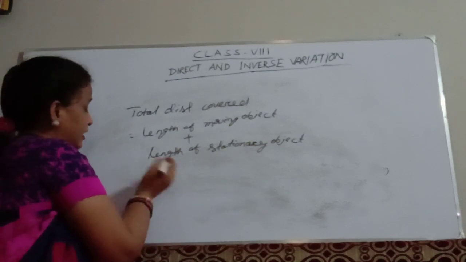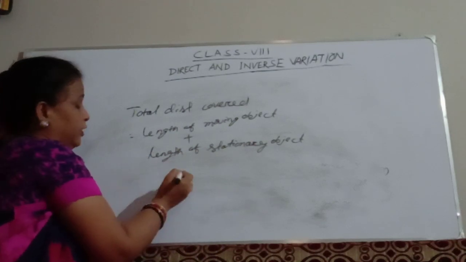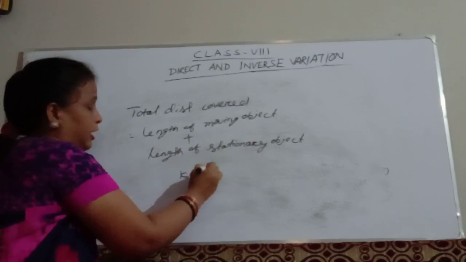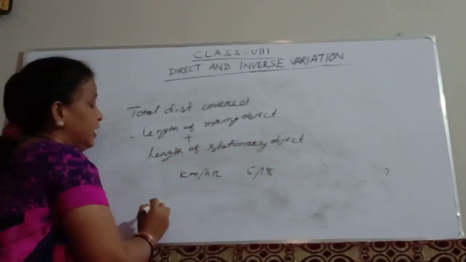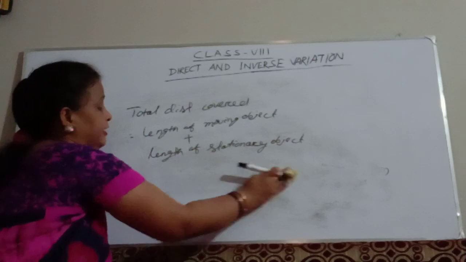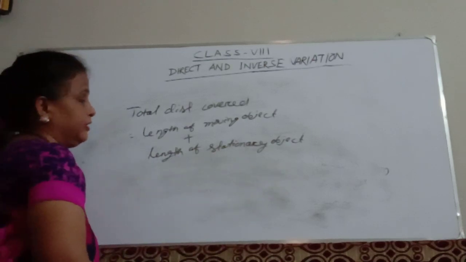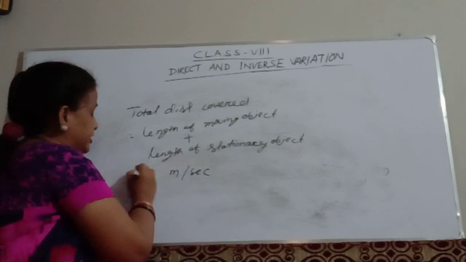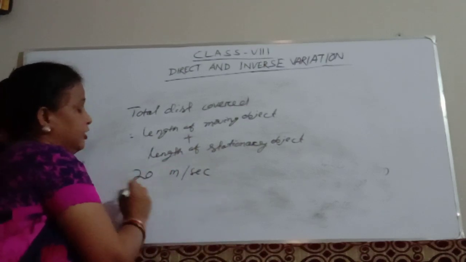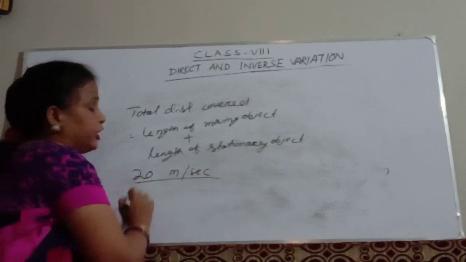And then one more thing, whenever you convert kilometer per hour, you multiply by 5 by 18. Whenever the question gives meter per second, suppose 20 meter per second is given, you can convert into kilometer per hour.